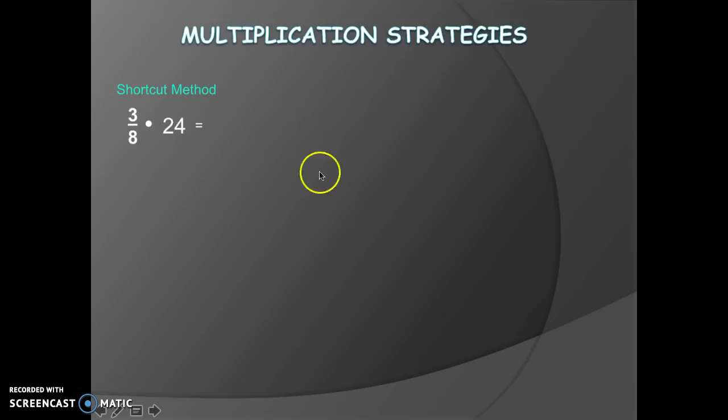Here's another one. Now we learned earlier, you've got a couple options here. 24 divided into eighths would be 3, and then 3 times 3 is 9. Or you could think of this as 24 over 1, and 8 and 24 can both be divided by 8. And then 3 times 3 is 9. 1 on the bottom times 1 is 1. 9 over 1 is 9.